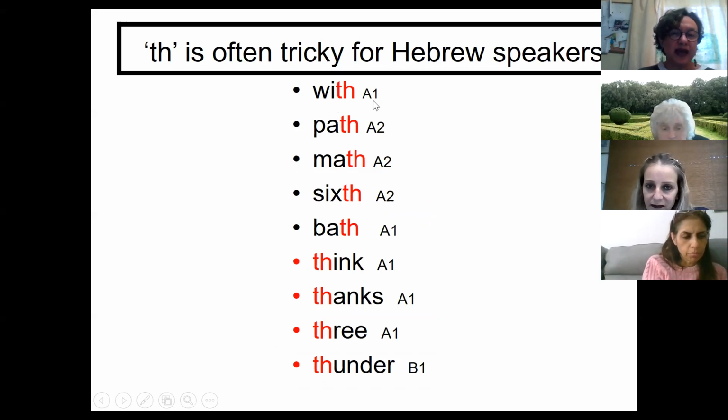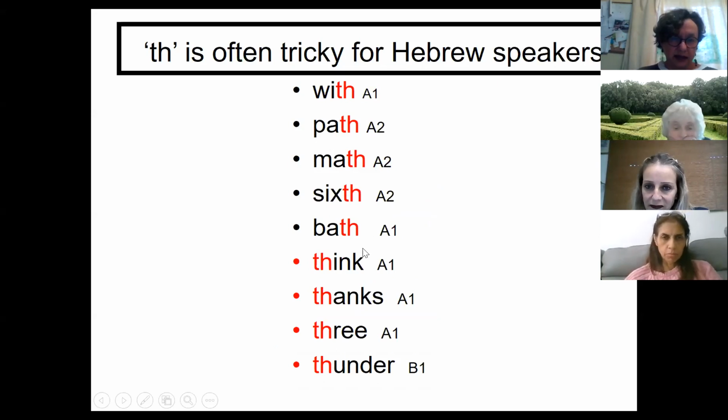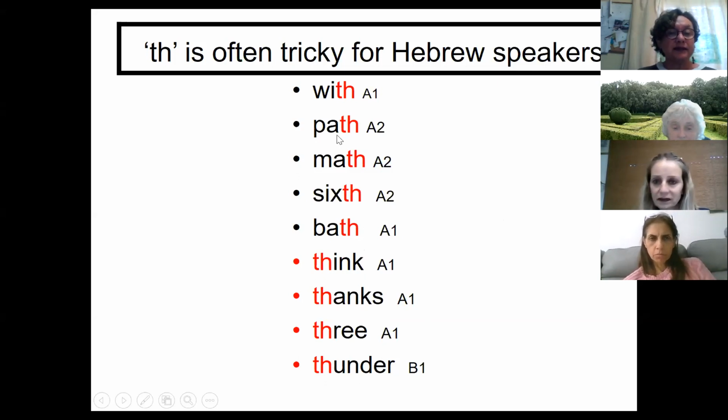So with is from the A1, path is A2, and so on. I tried to choose words that were mainly more frequent, A1, A2, and there's one word that's a B1 word, thunder. So we would go through this, we'd read it together, and we would translate these.